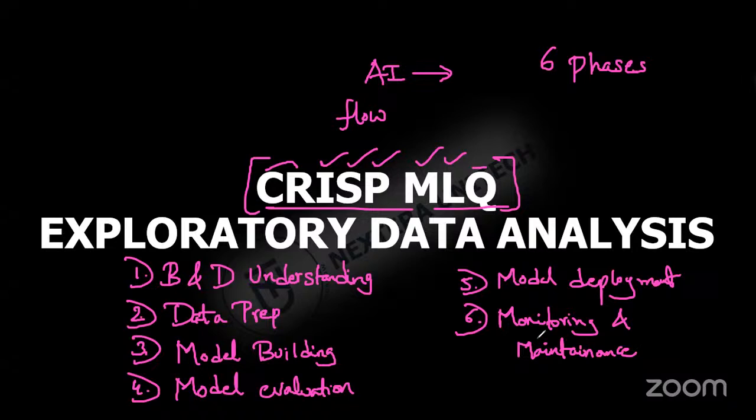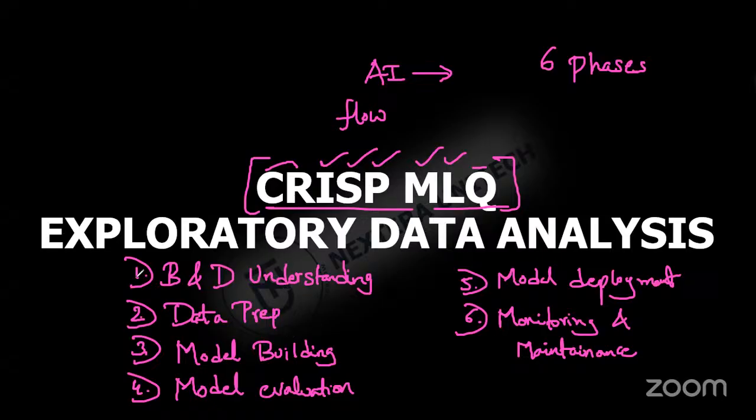So these are the 6 phases that we have in crisp-mlq. I repeat, the 6 phases are business and data understanding, data preparation, model building, model evaluation, model deployment, and monitoring and maintenance. So let us understand step by step.